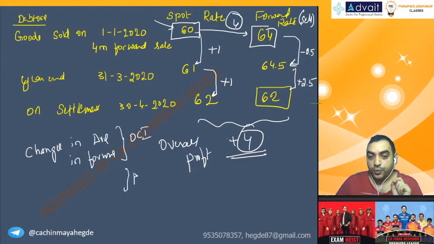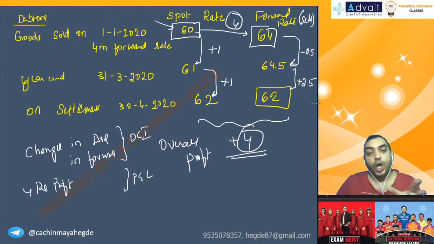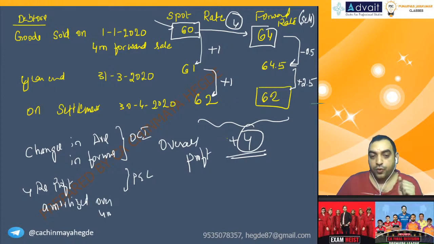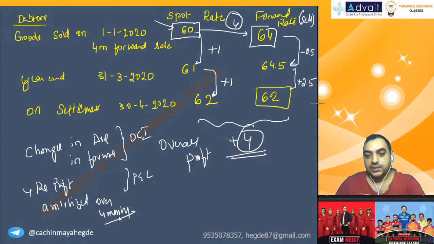Then what you will take to P&L account is the 4 rupee profit. But the 4 rupee profit will not go to P&L in one time, because it is a 4-month period, so it is amortized over 4 months. I hope you got the basics of cash flow hedge right.